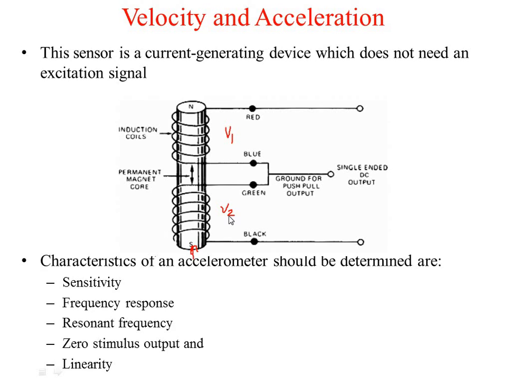The first is sensitivity, then frequency response, resonant frequency, then zero stimulus output, which means whenever you are not giving any stimulus, the output should be 0, and the linearity of the device. That is very important.